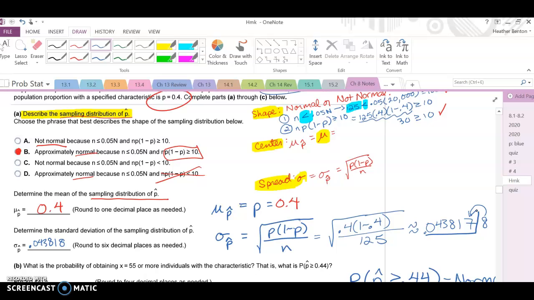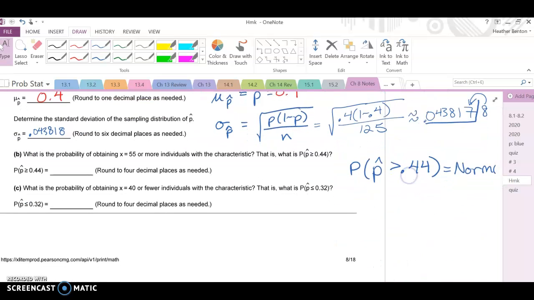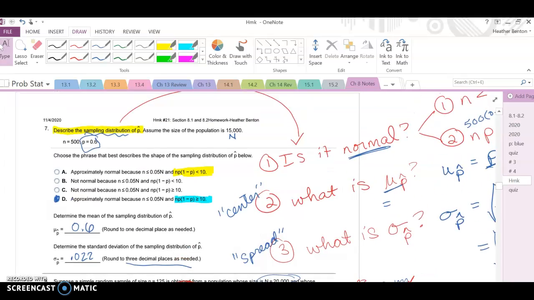All right, then part B. What is the probability of obtaining x equals 55 or more individuals? So we're looking for the probability that x is greater than or equal to 55 with the characteristic. Now, they even give you a hint over here, what is p hat greater than or equal to 0.44? So where did this 0.44 come from?